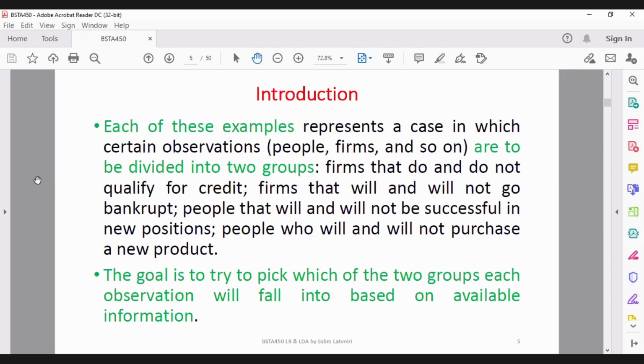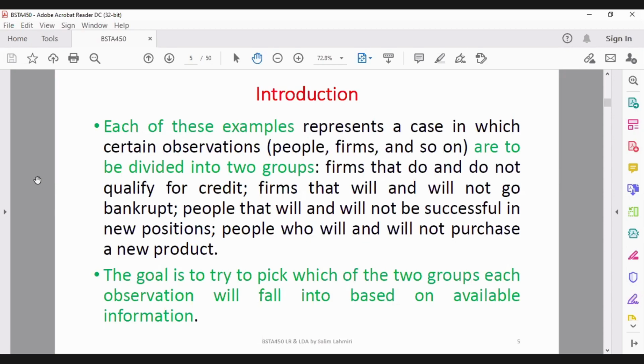For example, firms that do not qualify for credit, firms that will and will not go bankrupt, people that will and will not be successful in new positions, and people who will and will not purchase a new product.